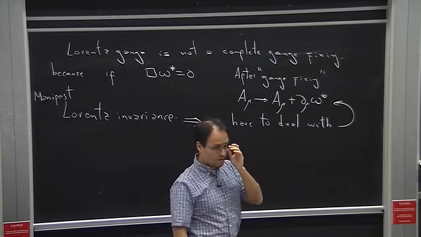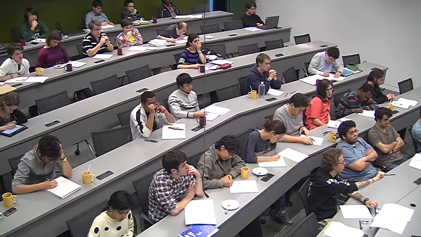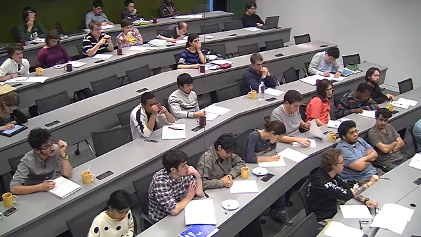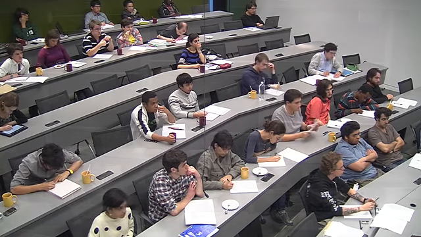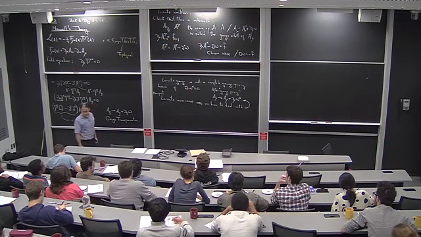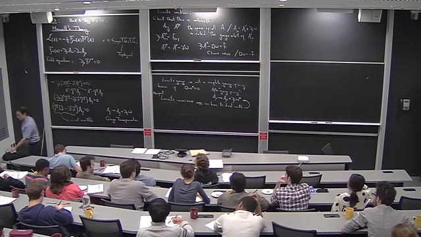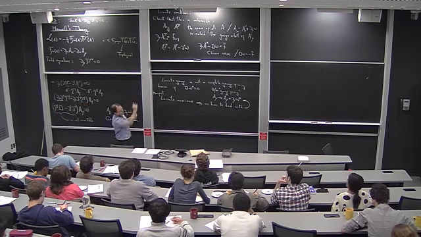Yes. You say that we have to deal with this gauge because it's manifestly Lorentz invariant. Is this the only gauge fixing that is Lorentz invariant? Well, that's what I said before. This is the only one that I know that is manifestly Lorentz invariant, and which is reasonably simple. I mean, of course, you can come up with functions of that, right?